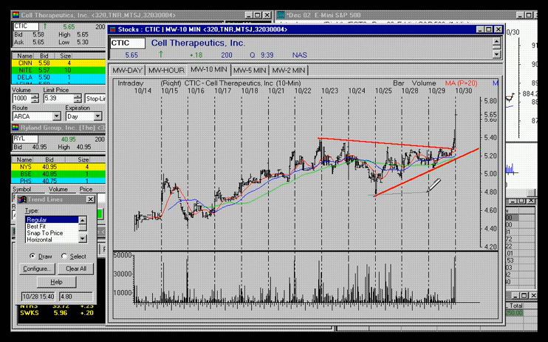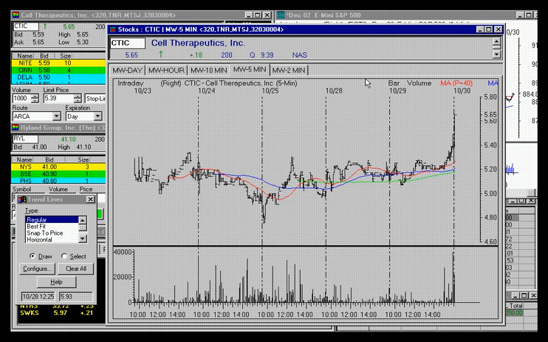This triangle starts at $4.80 with a peak up at $5.40. So that's 60 cents. The height of this pattern is 60 cents. If we add 60 cents to the breakout point at $5.30 yesterday, we look for an initial price target of $5.90 a share.